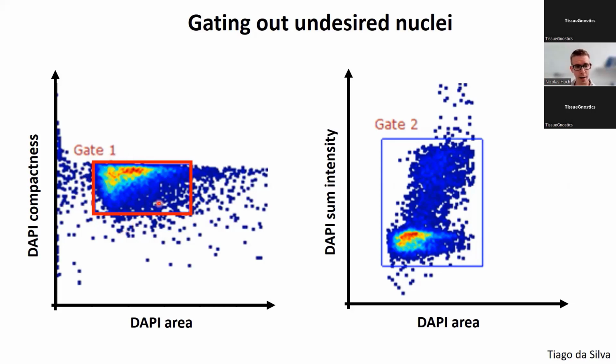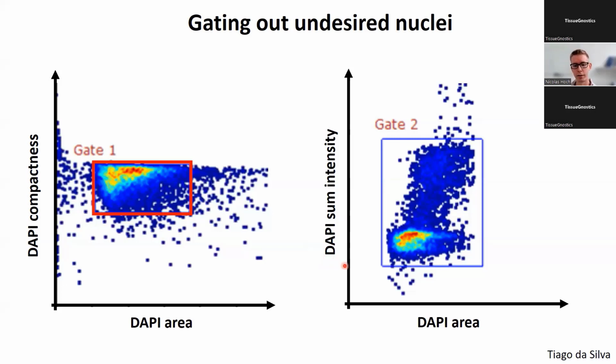And we further analyze the cells within this gate in a second scatter plot here, where we take the area, so again, the size of the nucleus, and now we use the total sum intensity of that nucleus. The DAPI stain binds to DNA, so the total DAPI intensity within the nucleus is proportional to the amount of DNA within that cell.